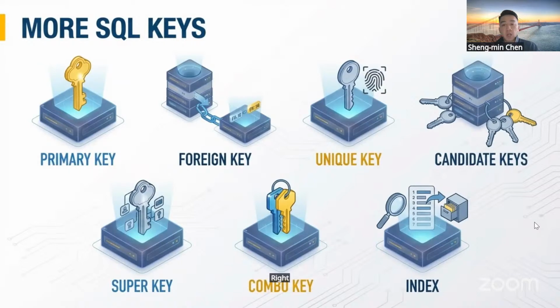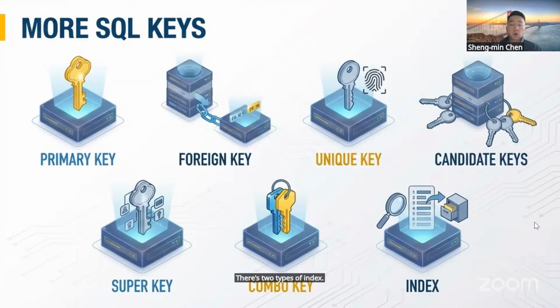If a column, not a primary key, still gets joined on, filtered on in the where clause, or searched on in the select clause, adding an index to that column can speed up your query performance.